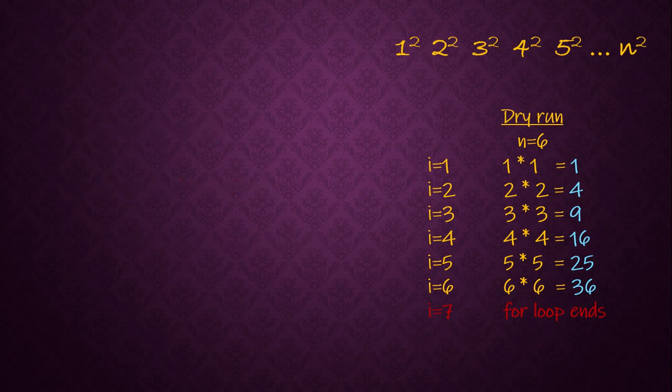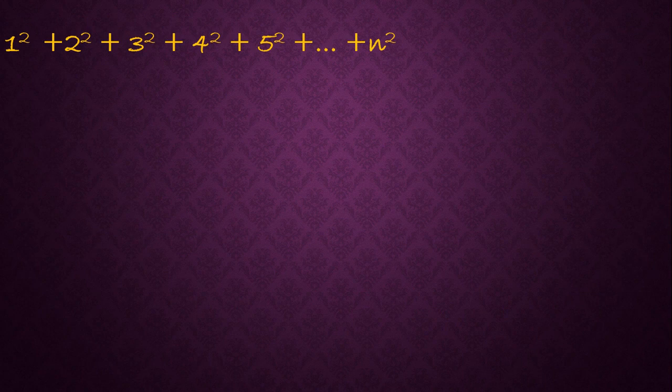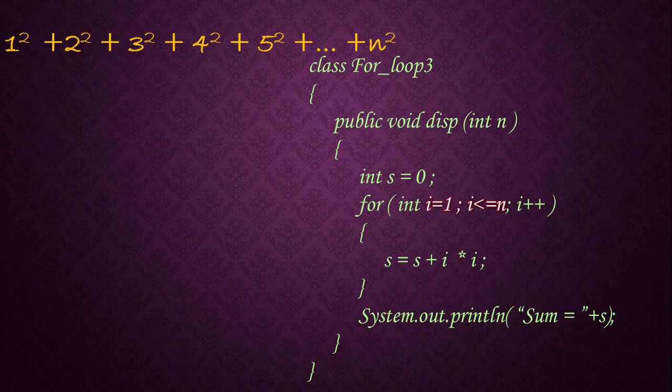This program can have a little bit of variation, in that instead of displaying this series, I may tell you that you have to print the summation of this series. So what you need to do? Just a little modification. Instead of the printing statement, we have to give the addition statement here.